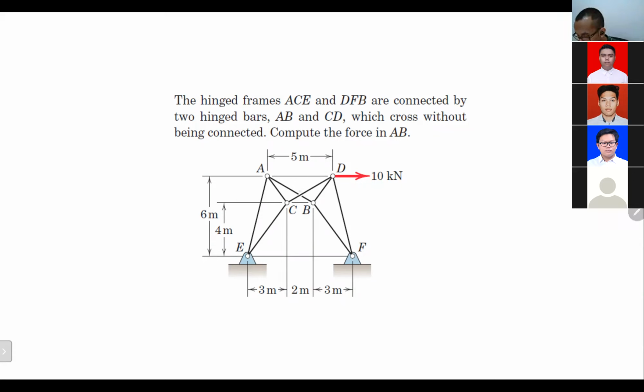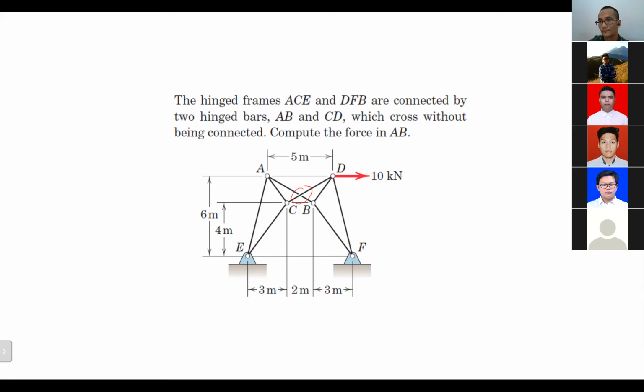There is no connection between A, B and C, D there. The one that we're supposed to solve is the force at AB. Compute the force in AB.